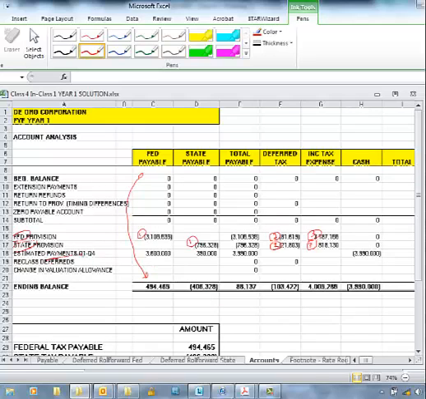Okay? We made payments, because I told you we made payments, so we're going to debit our payable. These are debits. And we are going to credit cash. Okay, so that entry balances.